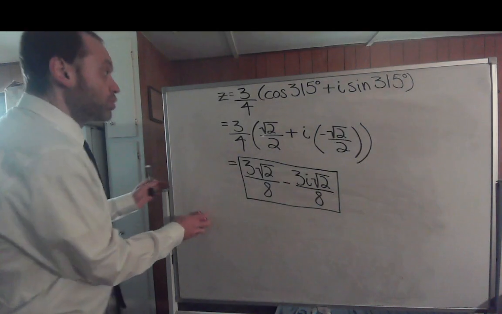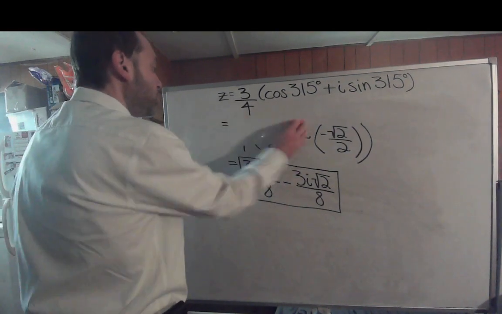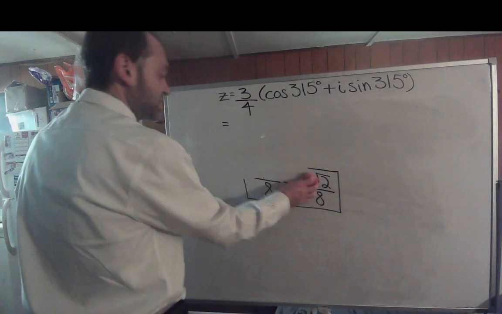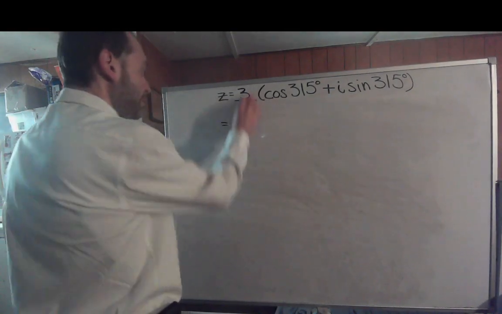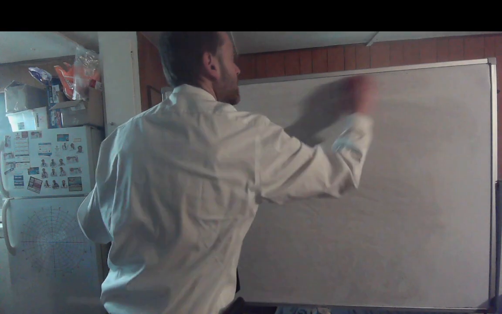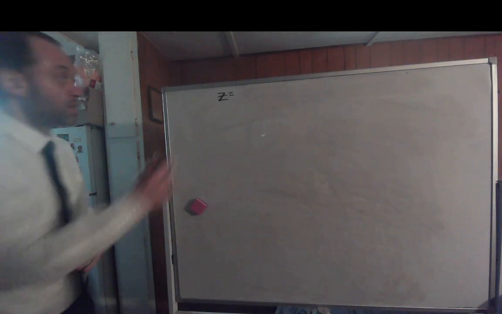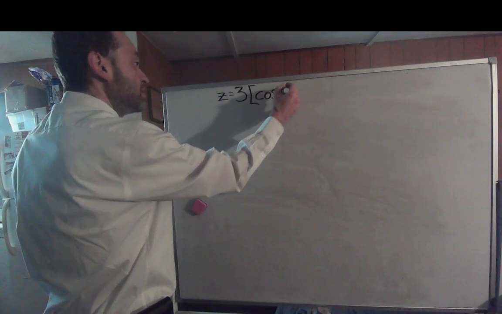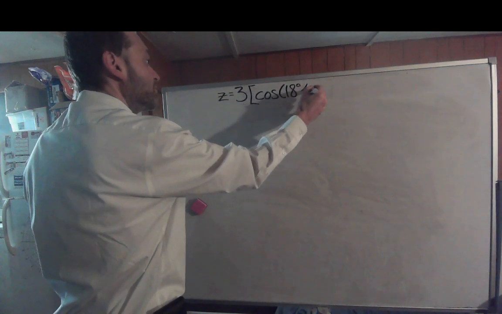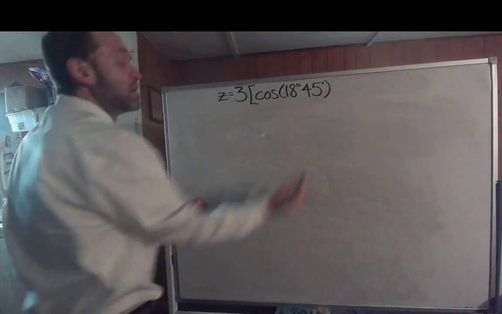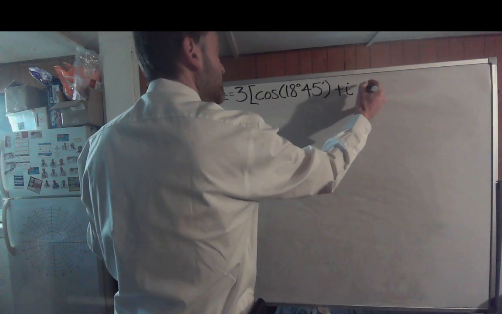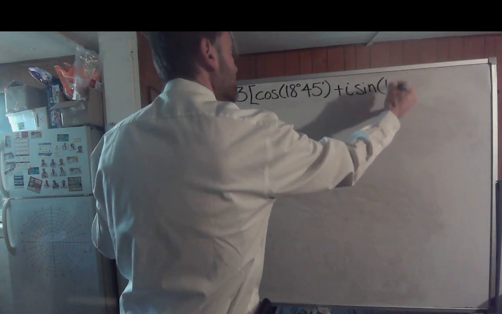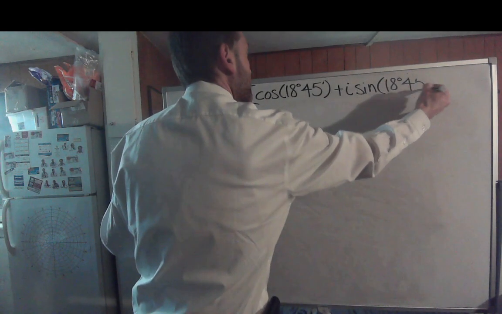Alright, let's do one more, but it won't be quite as nice. We'll end up having to use a decimal approximation for it. So let's say we're given 3 times the quantity of the cosine of 18 degrees and 45 minutes plus i times the sine of 18 degrees and 45 minutes.